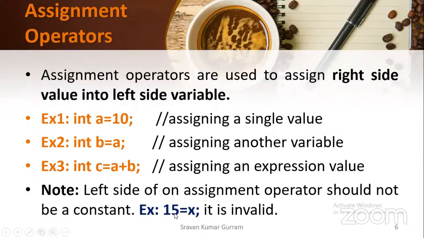For example, if you write 15 assignment x semicolon, it doesn't give any meaning. It is a meaningless statement in programming languages. 15 assignment x is invalid. You will get an error. So the point is at the left hand side of the assignment operator, you must write the variable. At the right hand side, you can write any single value or any variable or any expression.